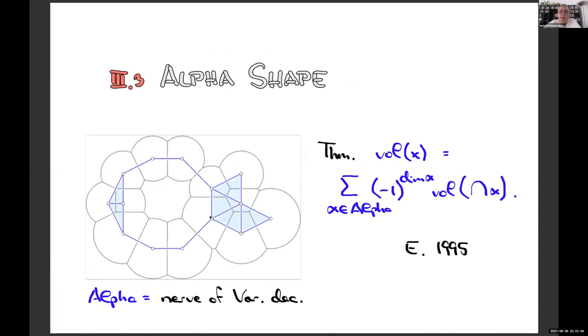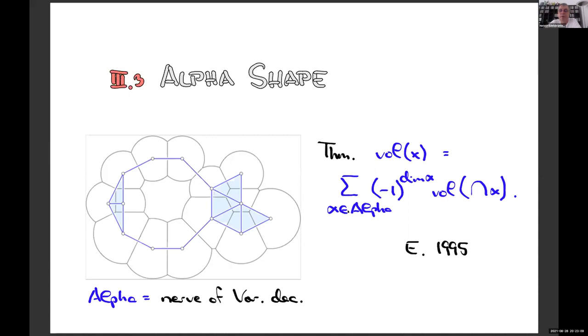In a plane, it consists of edges between 2 regions, also triangles if 3 regions or 3 pieces of balls meet at a point. In 3 dimensions, we also have tetrahedra, when 4 balls form pieces and then meet at a point. So this is a simplicial complex. It's called the alpha shape.